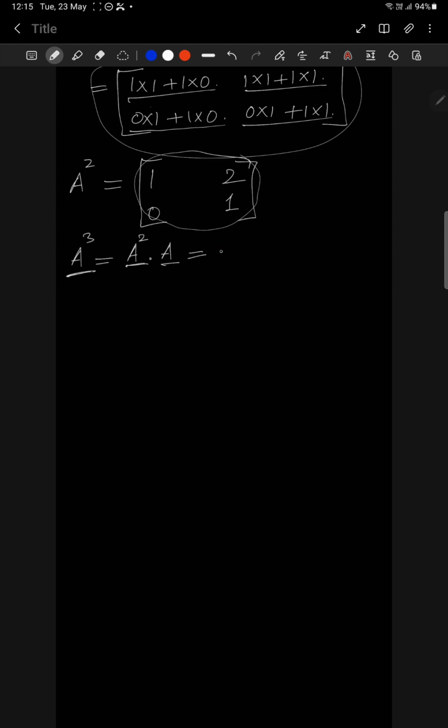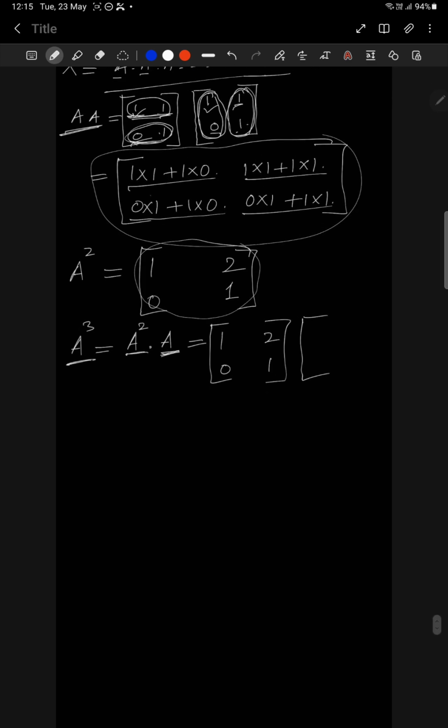Then it is 1 2 0 1 multiplied by this a, that means 1101. So this row multiplied to this column will give you 1 into 1 plus 2 into 0.